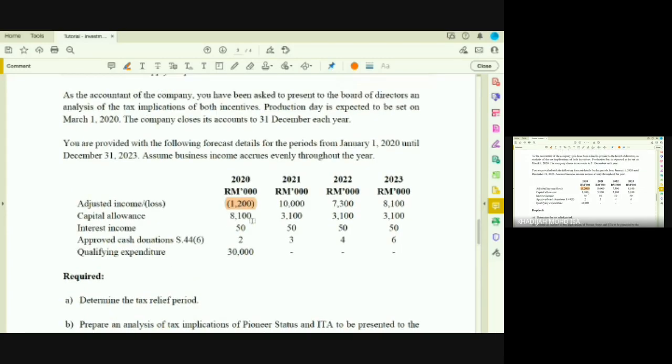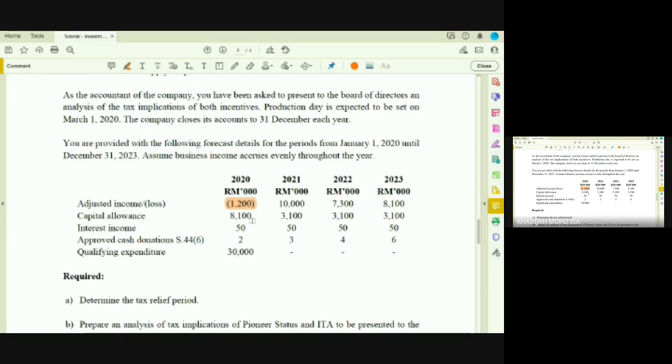For this question, the trick is that it's simpler because there's only one business income, which is the promoted activity. There are 4 years here. You are provided capital allowance, but remember that the production day starts on 1st of March.